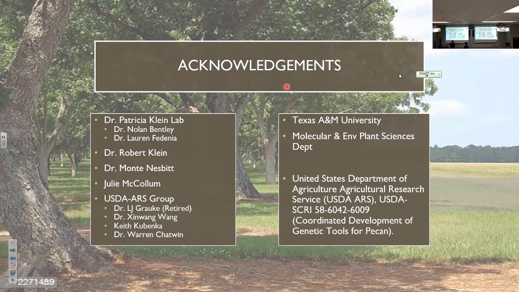There's definitely differences in amount of maturity. A lot of the stuff that's been typically used since the 1950s, when intense breeding really began at the USDA station, used what they term precocious cultivars or seedlings, which means they mature earlier than a lot of the other trees in pecan.